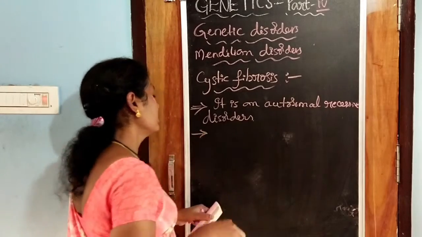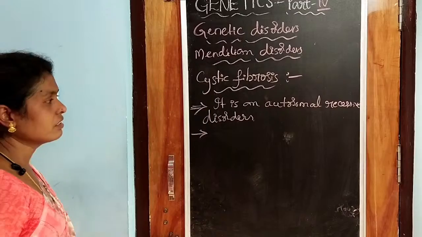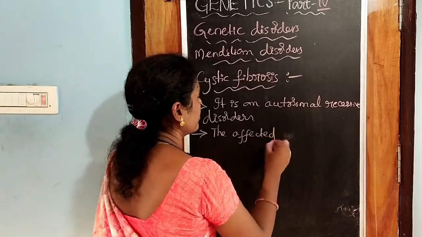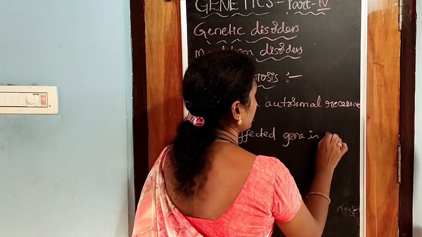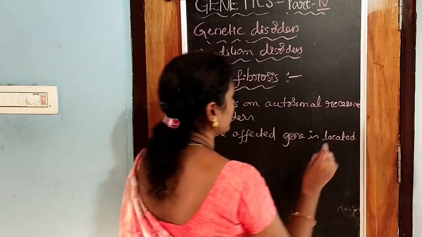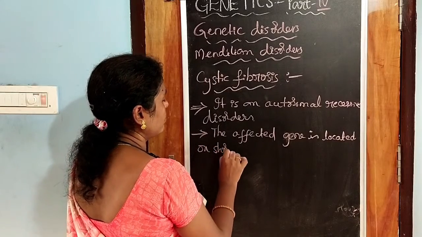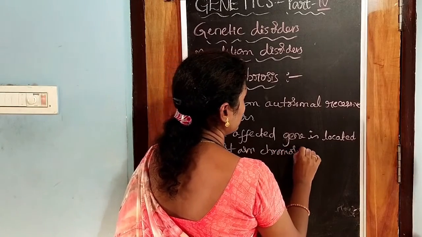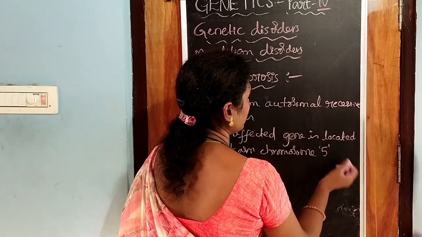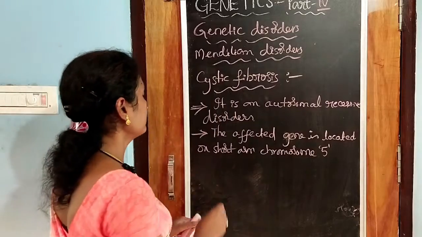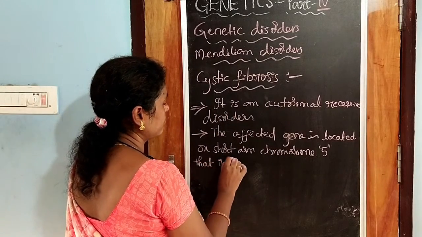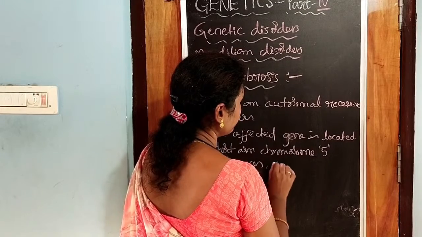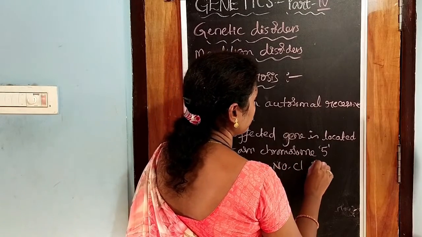The affected gene is located on the short arm of a chromosome, and it influences sodium and chloride in sweat.